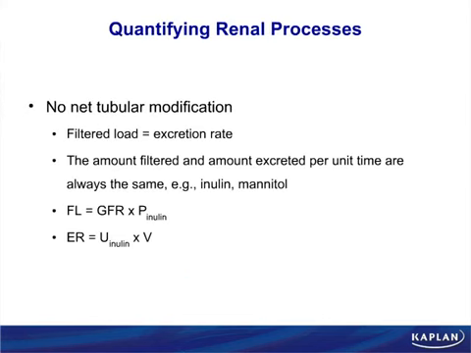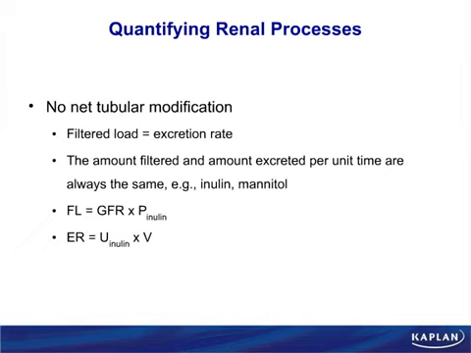Okay, let's look at some quantifying renal processes. Let's say they give you a substance that has no net tubular modification. What does that mean? Well, here's a substance like inulin or mannitol. Inulin is a substance that is freely filtered at the glomeruli. Inulin is not secreted. Therefore, the secretion rate is 0.